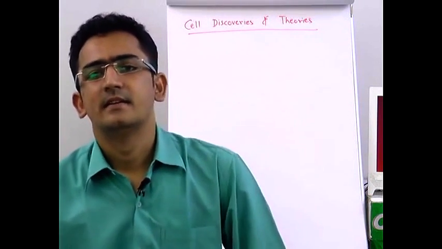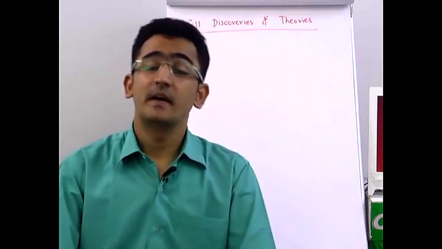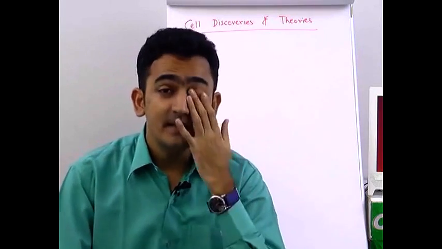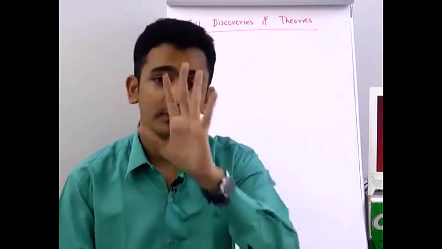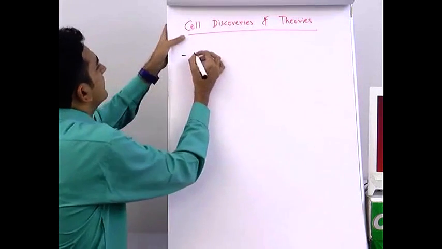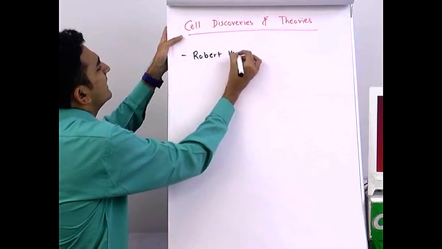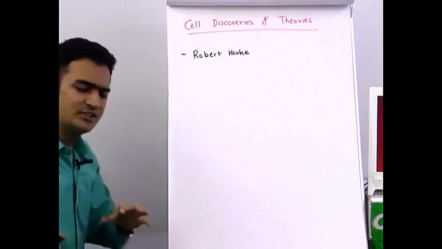So, who discovered cell? Who are the main pioneer scientists, pioneering work performing scientists in this field? We have heard about one scientist very often when we studied about cell. This gentleman is Robert Hooke. If you are applying for different state exams, these are factual points.